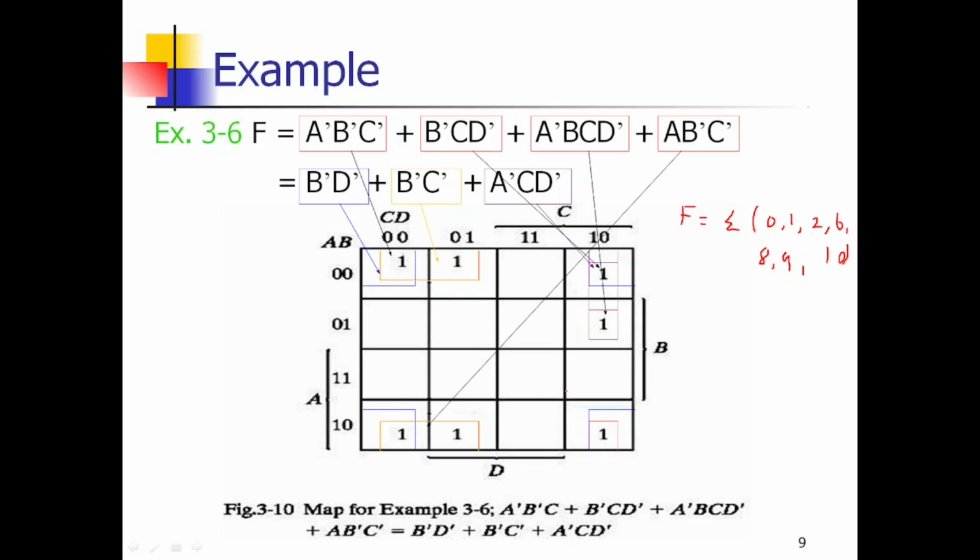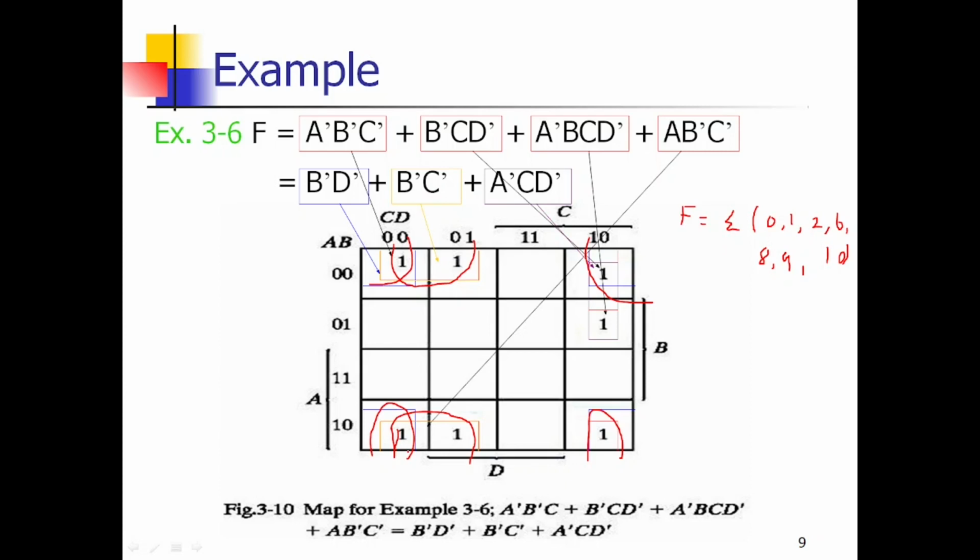We don't have any 8 adjacent cells here. Then we check the quad possibility, which is 4 adjacent cells. So this is one quad, the yellow marked, and the corner ones, the blue marked, are another quad. So 2 quad possibilities are there.